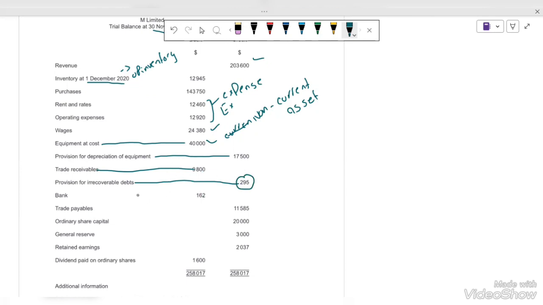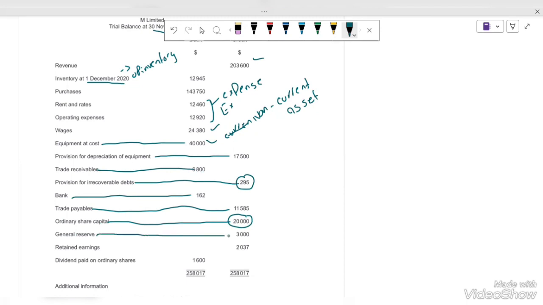Bank is 162. It means that we have $162 in our bank right now. Trade payables are 11,585. Ordinary share capital, like this is the capital we have in our business. This is the share capital which we have raised from selling ordinary shares to the ordinary shareholders.